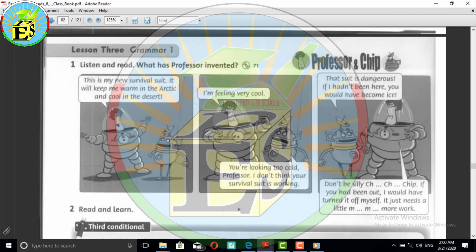I don't think your survival suit is working. That suit is dangerous. If I hadn't been here, you would have become ice. Don't be a silly Chip. If you had been out, I would have turned it off myself. It just needs a little more work.